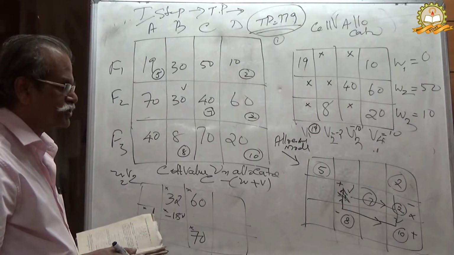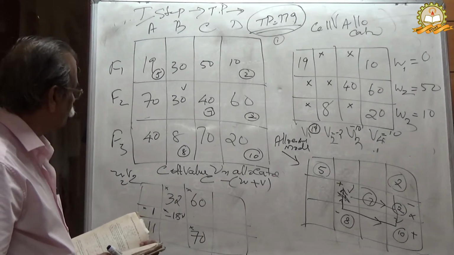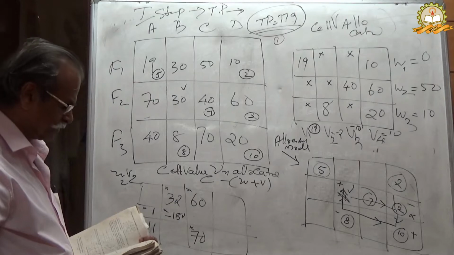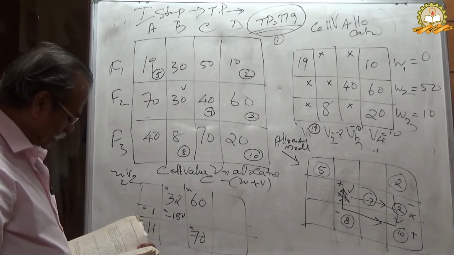With that smallest value, we have the following procedure again.